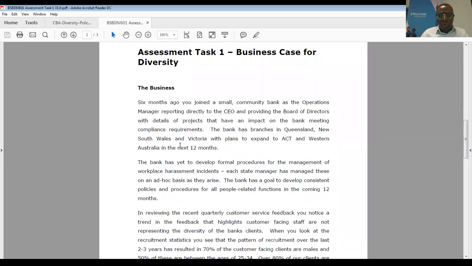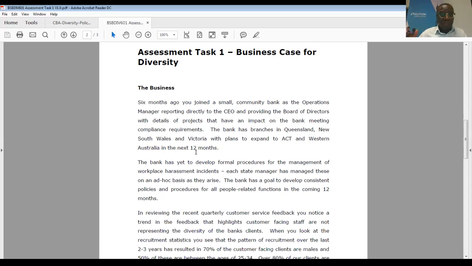I'm going to read it with you so that we both have a background of what we are talking about. Six months ago, you joined a small community bank as the operations manager, reporting directly to the CEO and providing the board of directors with details of projects that have an impact on the bank meeting compliance requirements.